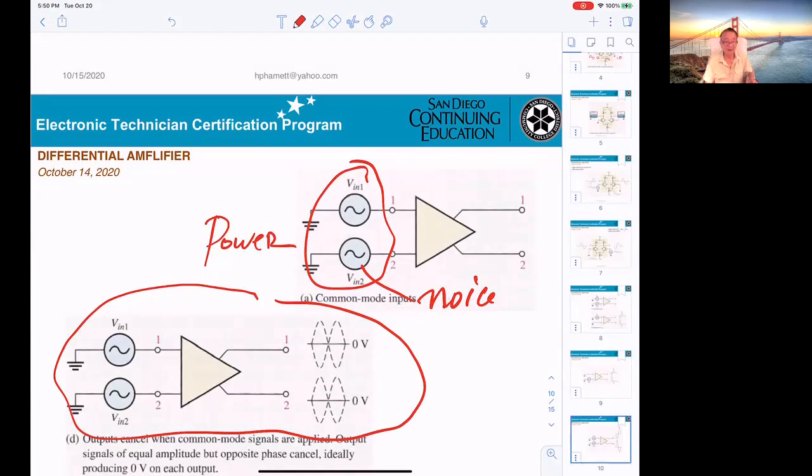So now I will bring up one thing for you. The differential amplifier tries to cancel the noise at the input. Whenever both input signals are identical, they cancel out. That is the purpose.